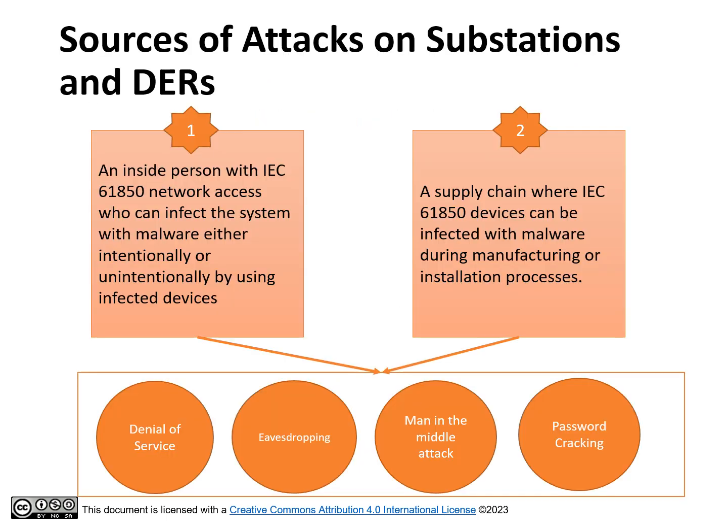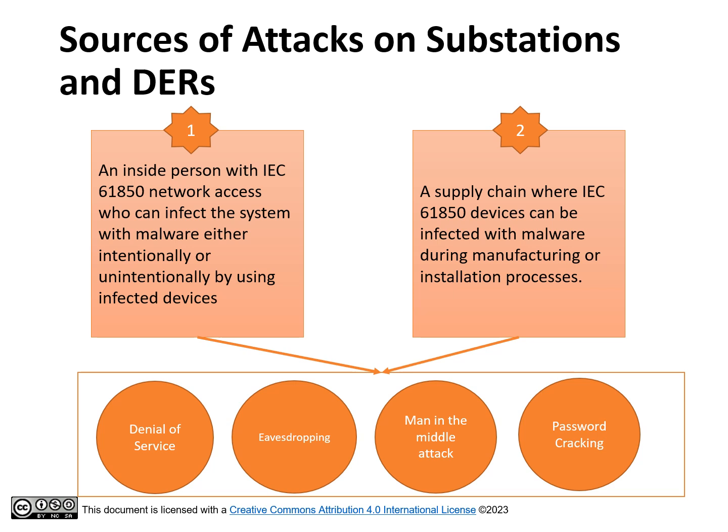The source of attacks against IEC 61850 communication protocols may include an insider with access to the automation and control network and who can infect the system with malware either intentionally or unintentionally via infected devices.